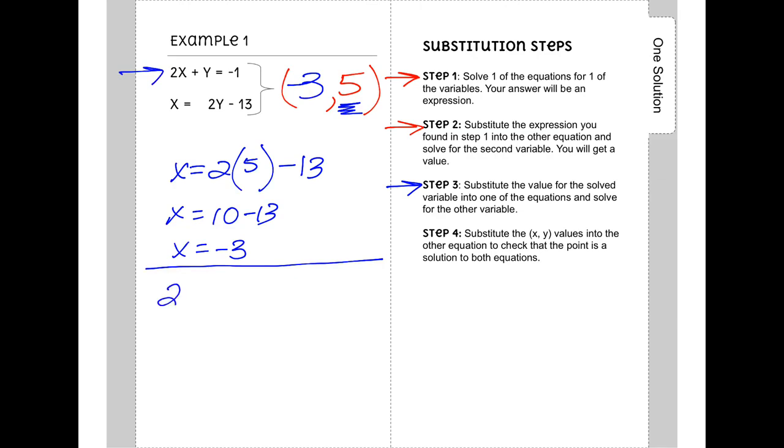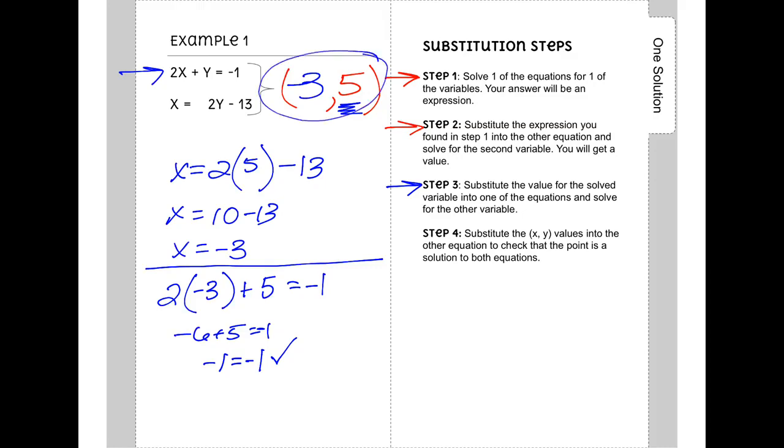So 2 times my x value, negative 3, plus y, 5, equals negative 1. That's negative 6 plus 5 equals negative 1, or negative 1 equals negative 1. So true statement, which means the point we substituted in, negative 3, 5, is a solution to the first equation. So we've proven that it's a solution to both, therefore it's a solution to the system.